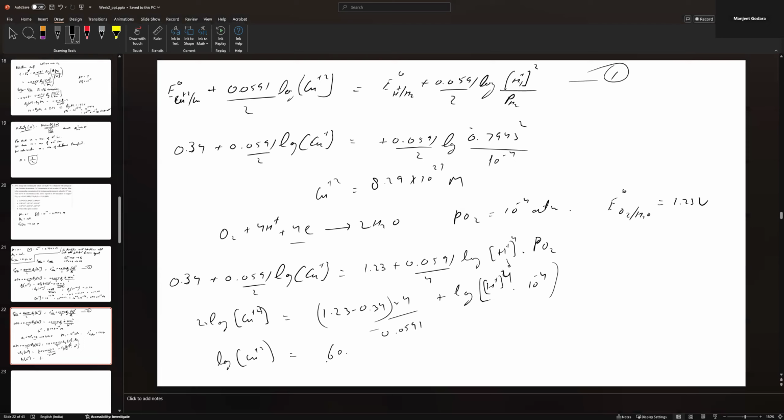This is 60.2 divided by 2, plus half log of... what was it?